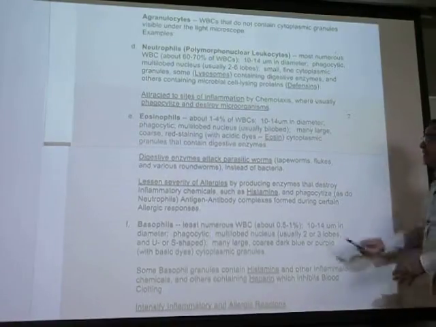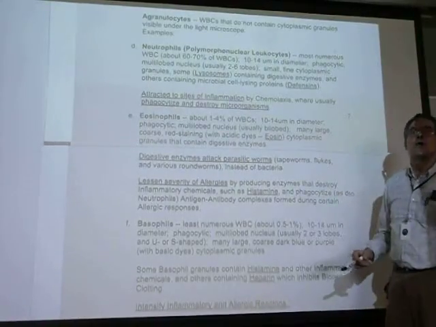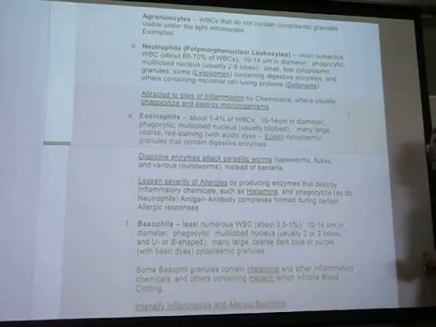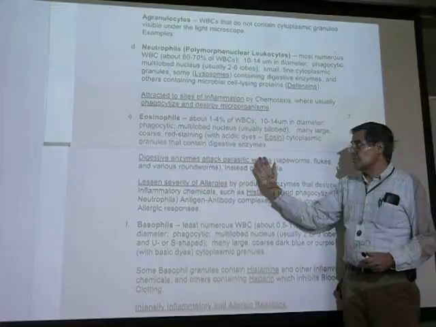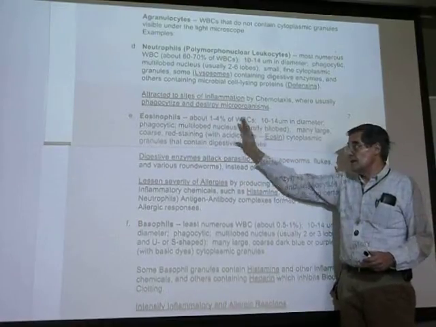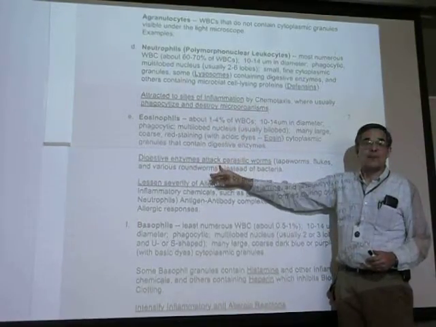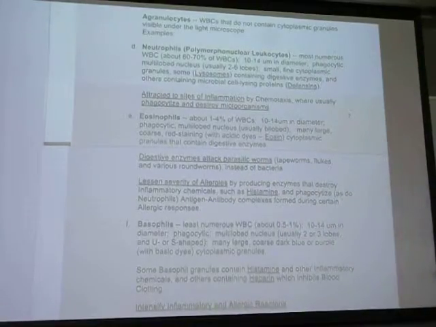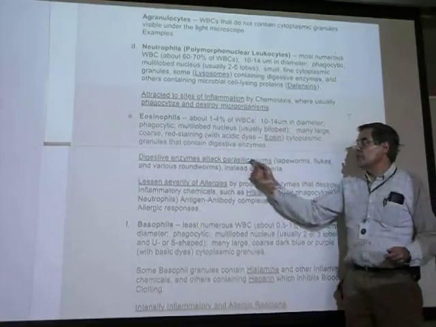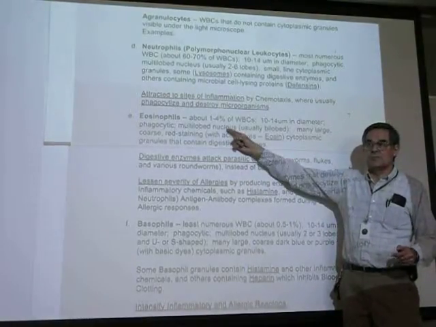They stain with acidic dyes like eosin. That's why they're called eosinophils. Love eosin. And these granules contain digestive enzymes. These cells tend to attack multicellular parasites, particularly parasitic worms. So if we have a worm infection, tapeworms, flukes, parasitic roundworms, usually there is a high count of eosinophils, so eosinophilia.